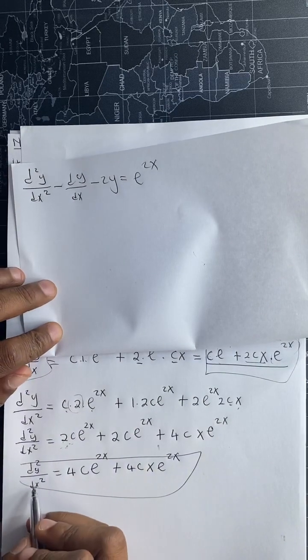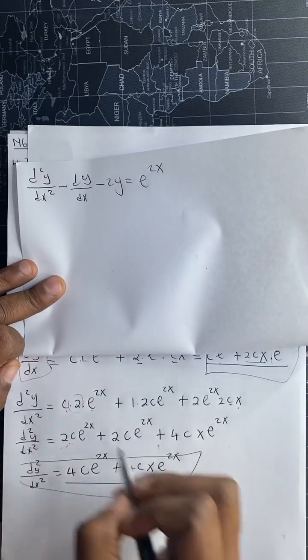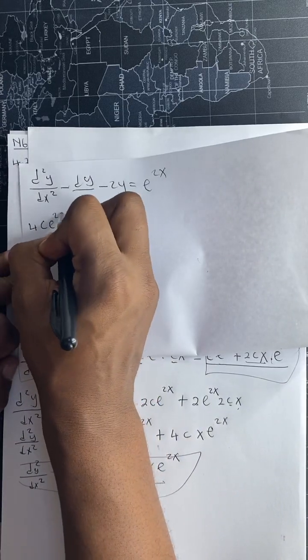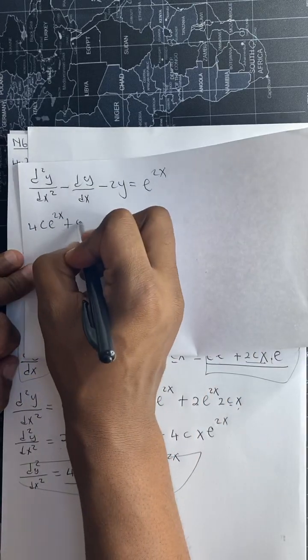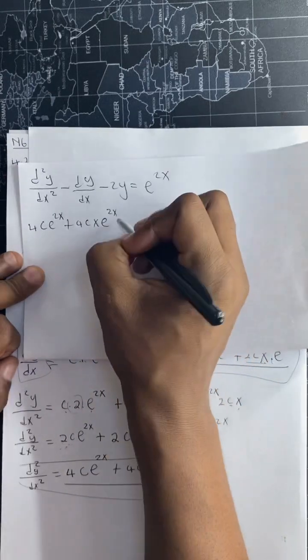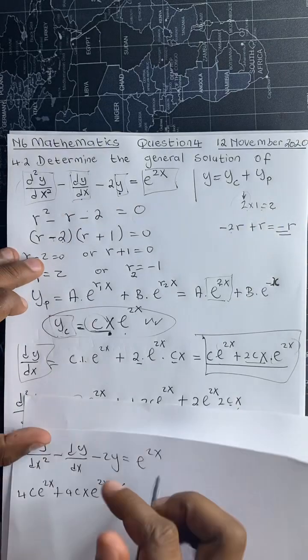So we substitute the d squared y over dx squared, which is this there. So we have 4c e raised to the power 2x plus 4cx multiplied by e raised to the power 2x, minus the dy over dx.